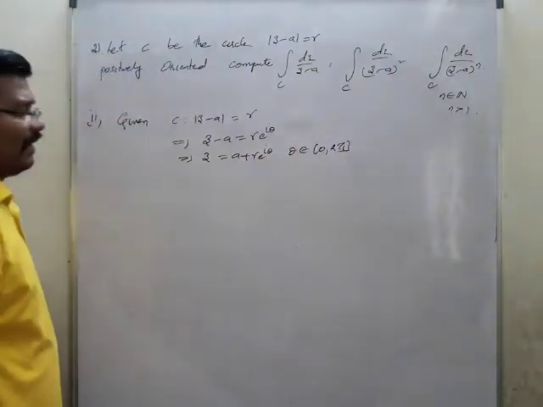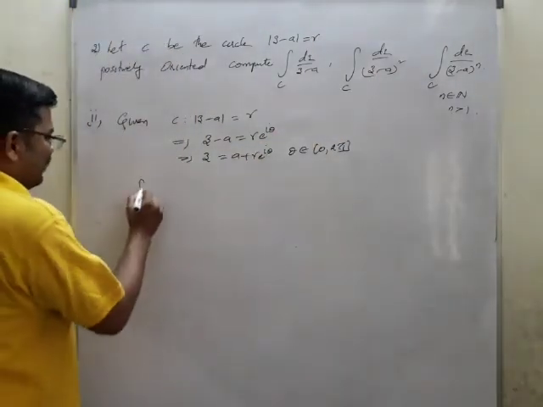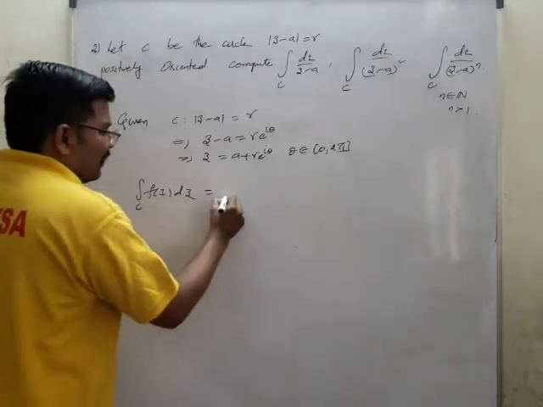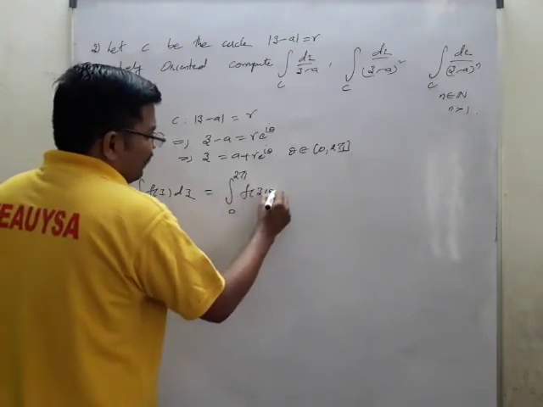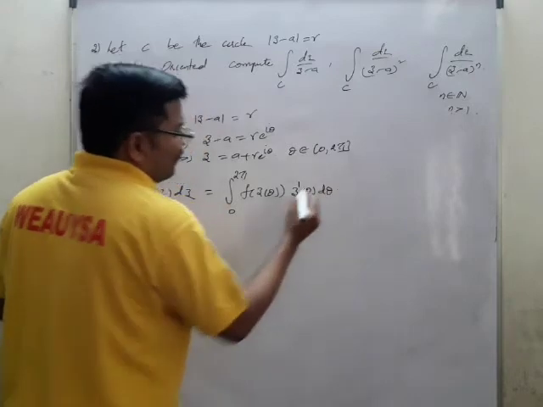This is similar. Now we need to find out the value of this. So I'll use the formula: integral c f of z dz is equal to integral 0 to 2 pi f of z of theta into z dash of theta d theta.